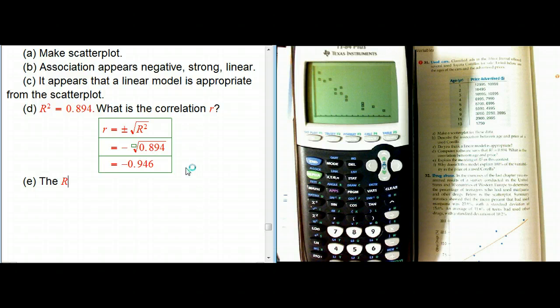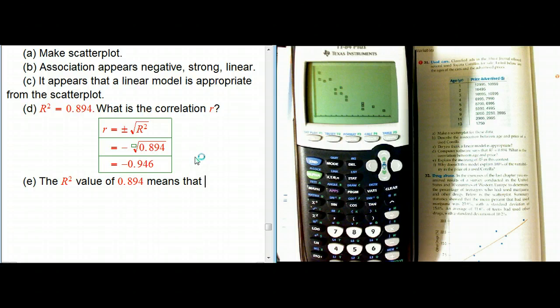The r squared value of 0.894 means, remember that the r squared is the amount of variability, in the sense of variance, the technical definition of variance, the square of the standard deviation. It means the amount of variability that would be explained by a linear model, which we're going to put up there in a second.